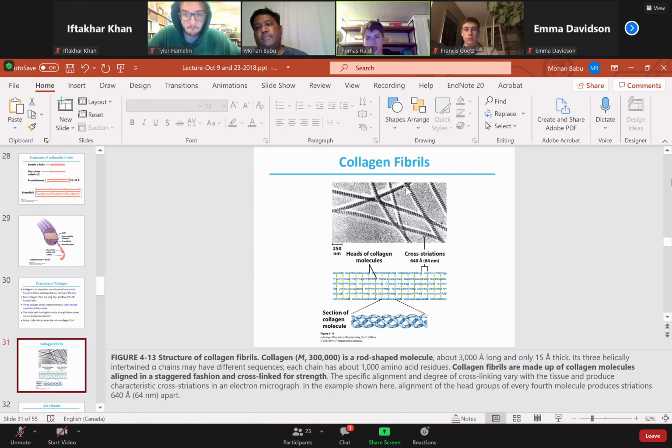You can cross-link to maintain structures when you're going to put them through something stressful. Are they good or bad? It depends on the purpose you need it for. If you're trying to make a rigid structure, then you need cross-linking to have more bonds and more rigidity.